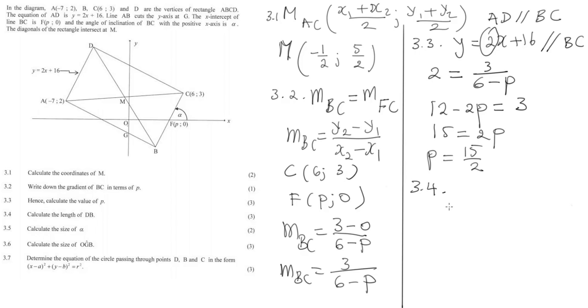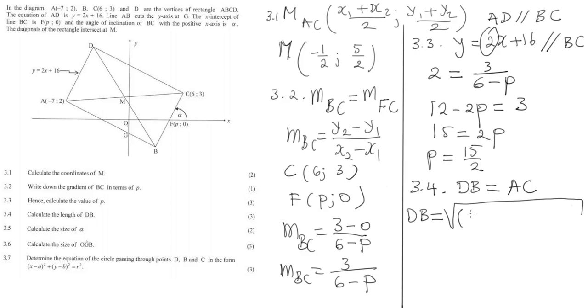Now 3.4 says calculate the length of DB. What is DB? DB is a diagonal, meaning that DB as a diagonal is equal to the length of AC. So DB will be the square root.